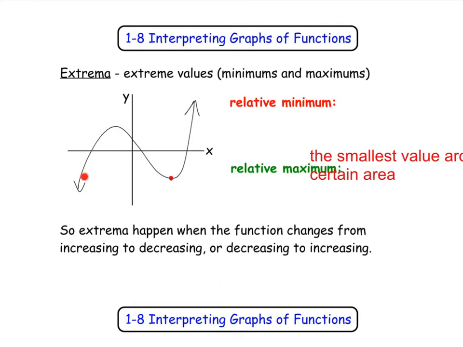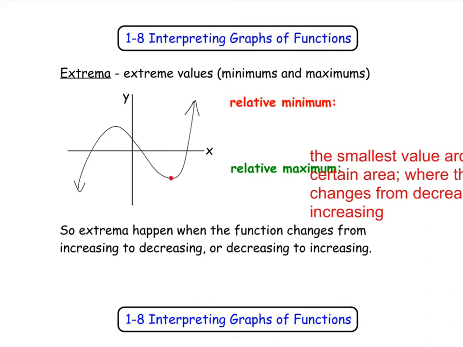Really, since the left end behavior of this graph happens to go down to negative infinity, this graph does not have an absolute minimum, which comes next, because it goes on forever down. But this point is still really important, so we call it a relative minimum because it's where it dips and turns. It changes from decreasing to increasing. So that's another way we can write it here in your definition.